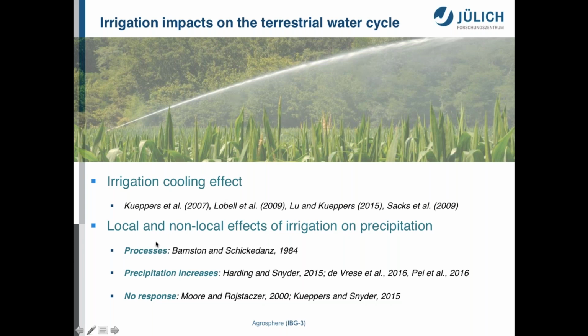For example, they looked at the processes, in this case feedback processes. They interrogated if precipitation might increase due to irrigation, and they also showed that in regional studies. And then some other studies showed, well, there is actually no really significant response. So I just want to point out here that we are, of course, not the first who really think about this.